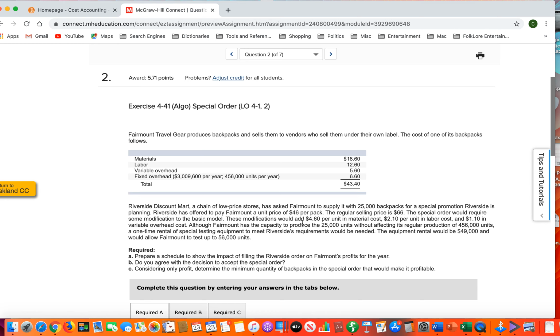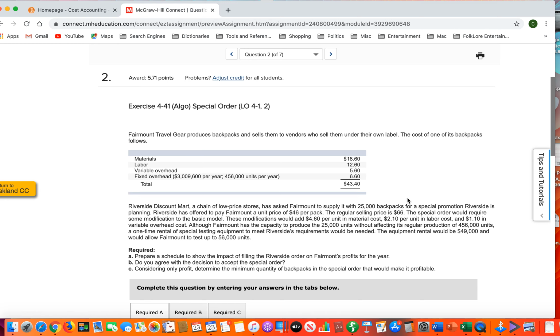Now if you take the special order, it's going to add $4.60 to your material cost, so $18.60 plus $4.60 gives you $23.20. You're going to add an additional $2.10 to labor, so $12.60 plus $2.10 gives you $14.70 as a new labor cost per unit, and then $1.10 in variable overhead added to $5.60 gives you $6.70.